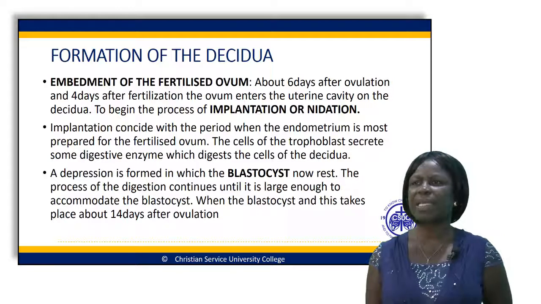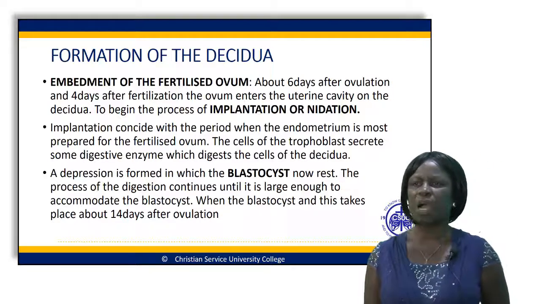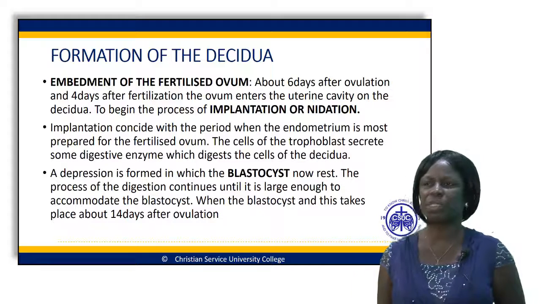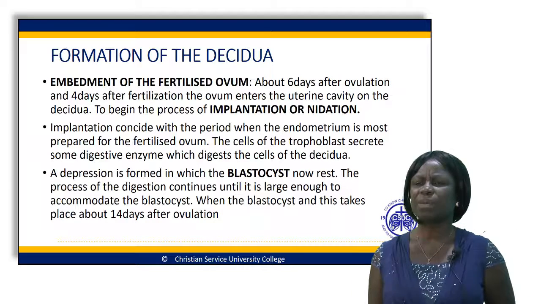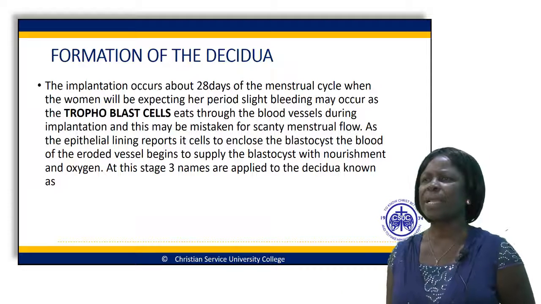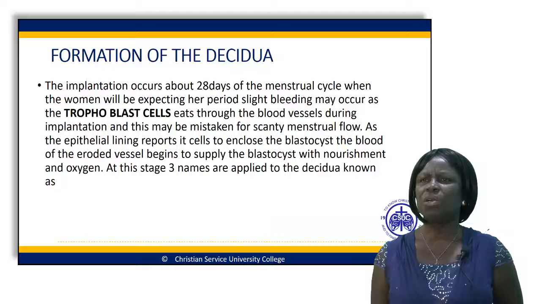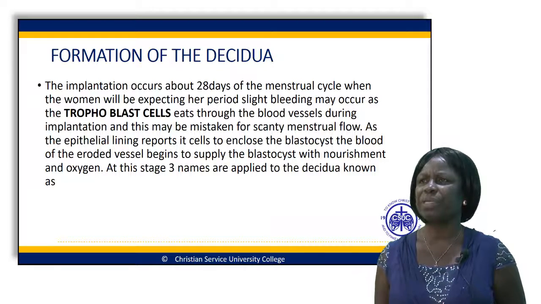The process of digestion continues until it is large enough to accommodate the blastocyst, and this takes place about 14 days after ovulation. The implantation occurs about the 28th day of the menstrual cycle, when the woman will be expecting her period.